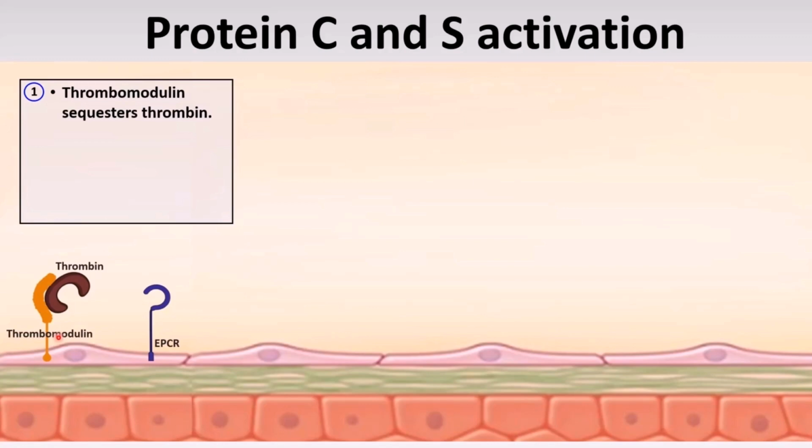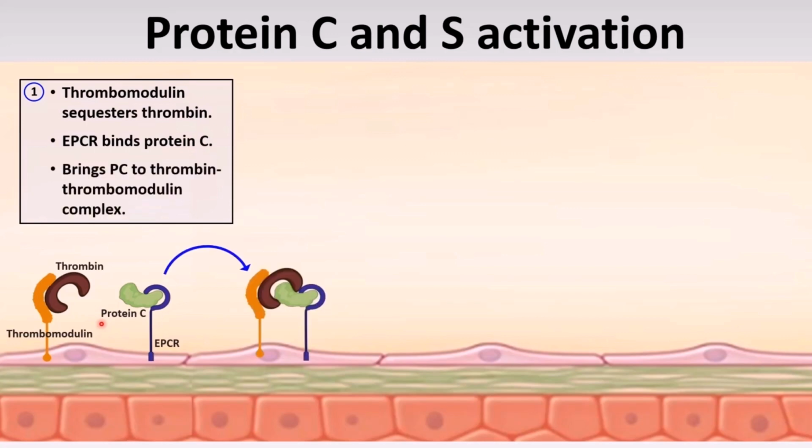Other than your thrombomodulin, your EPCR is also there to bind to your protein C. And this protein C is especially important in your anticoagulation pathway. And this is why. Okay, so when thrombin and protein C are bound together, protein C can be brought into the vicinity of the activated thrombin.